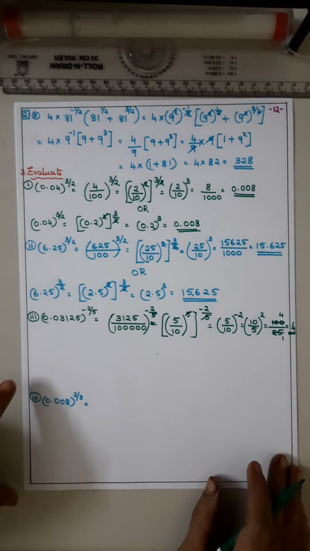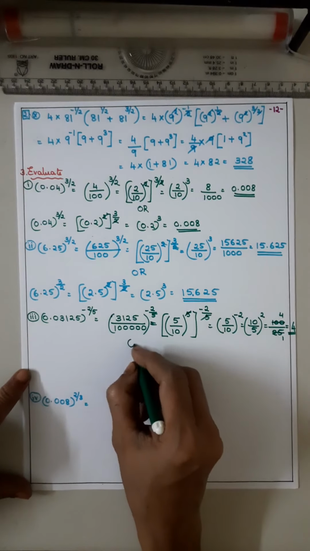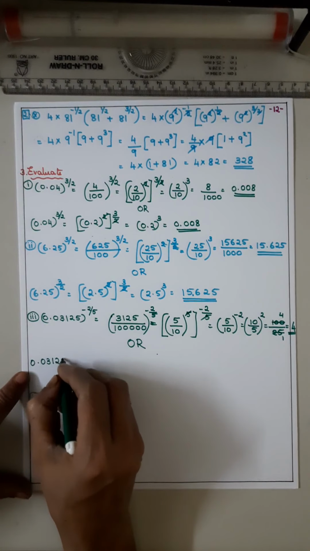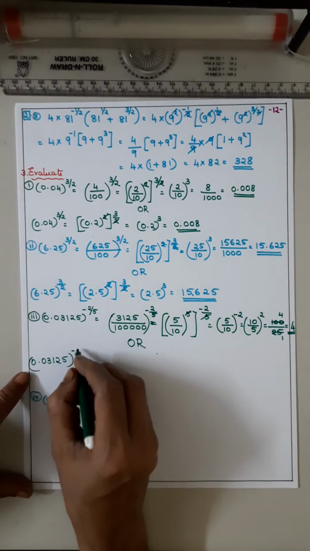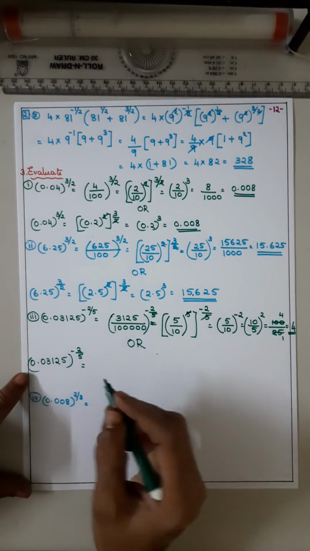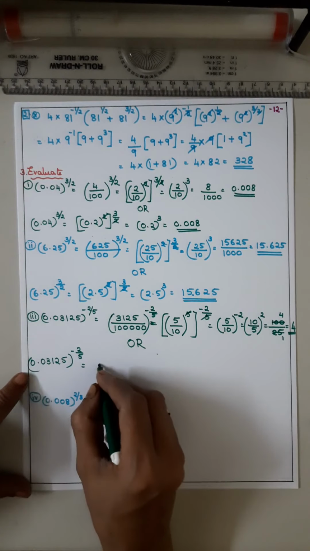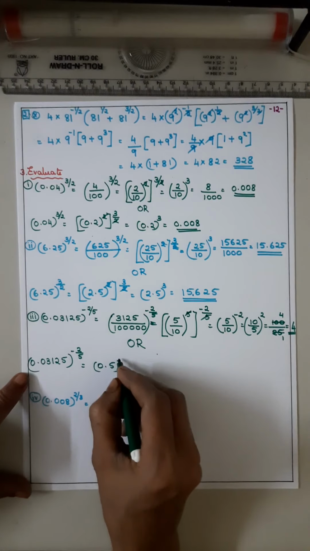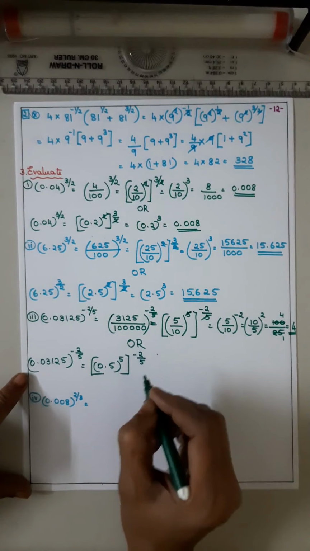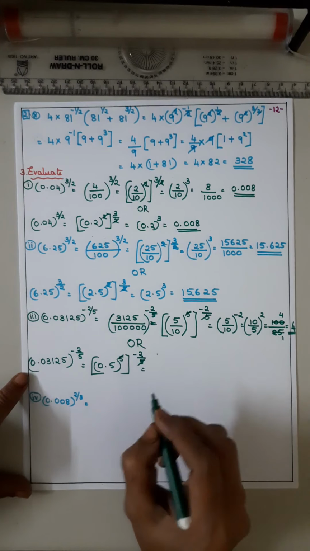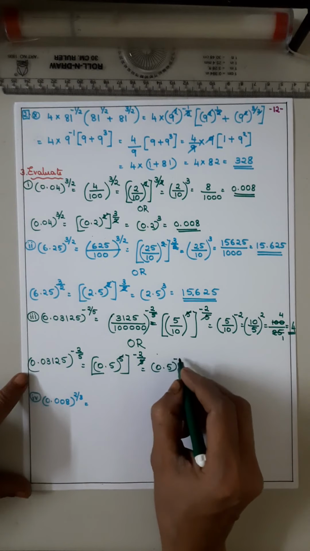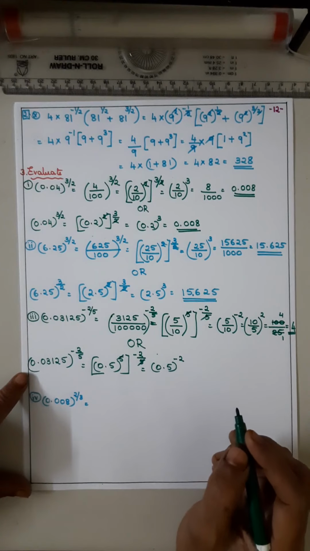Okay. The other method is 0.03125 the whole power minus 2/5 is equal to, किसका पावर 5 है? It is 5 decimal, so 0.5 the whole power 5 the whole power minus 2/5. This 5 gets cancelled, so it is a 0.5 the power minus 1/2.